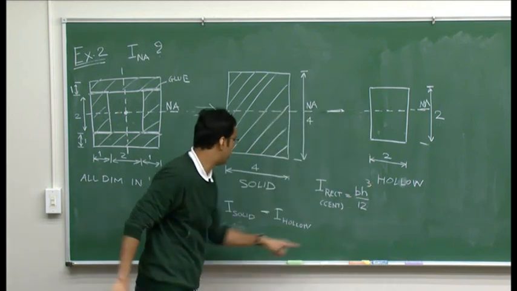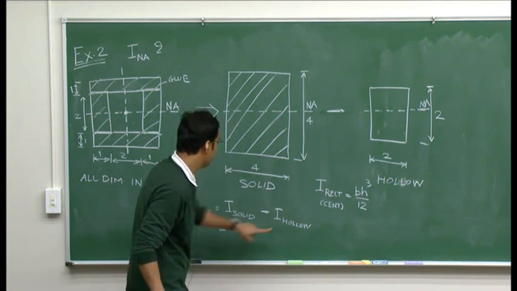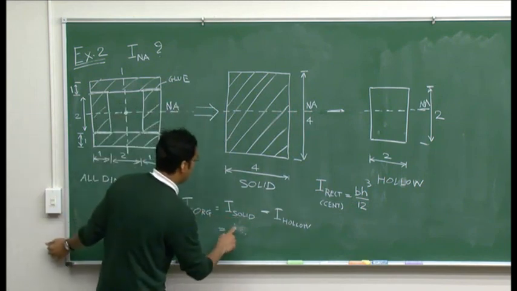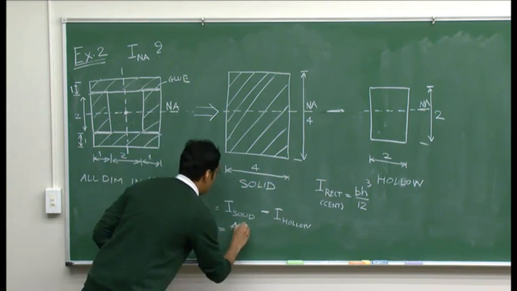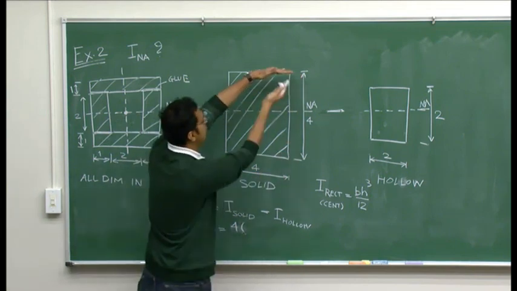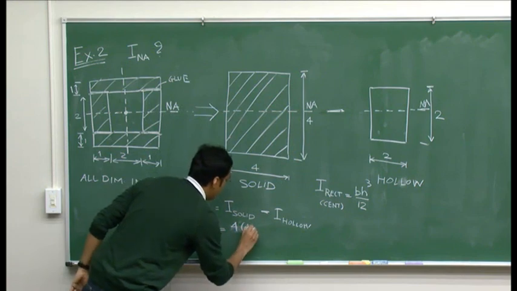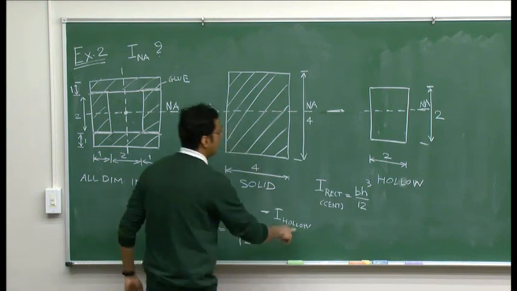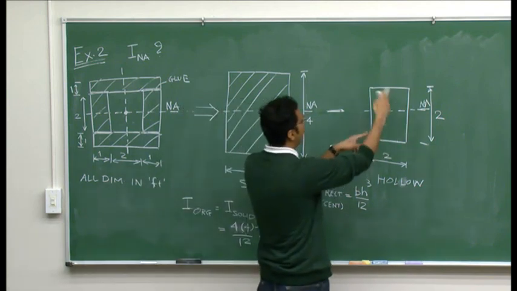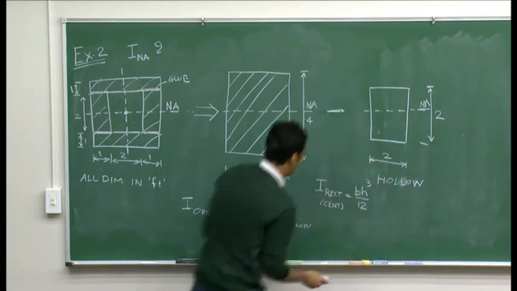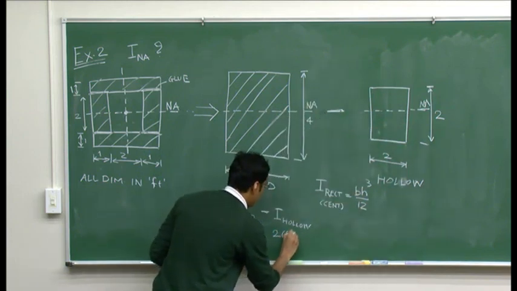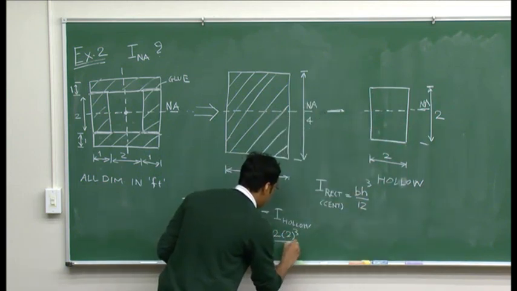So if you apply this formula to these two expressions here, I solid is going to be b, which is 4, into h cube, which is height cube, 4 cube over 12, minus I of hollow square, where b is 2 and height is also 2. So minus 2 into 2 cube over 12.